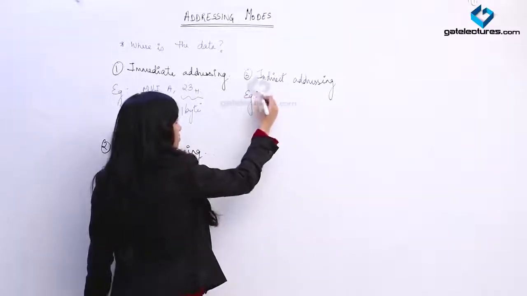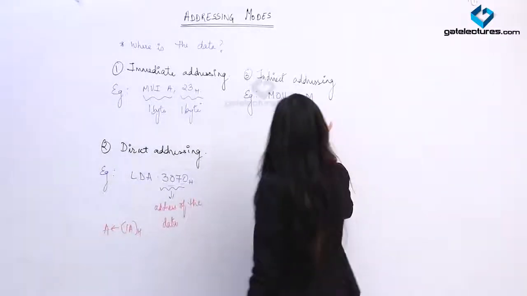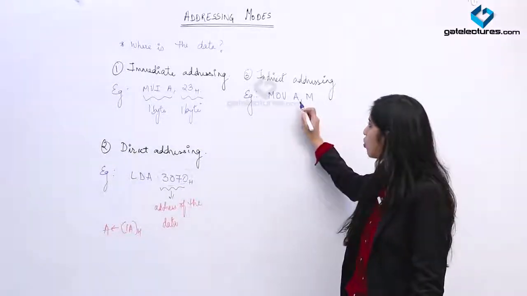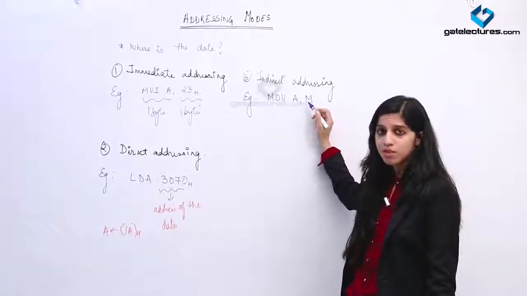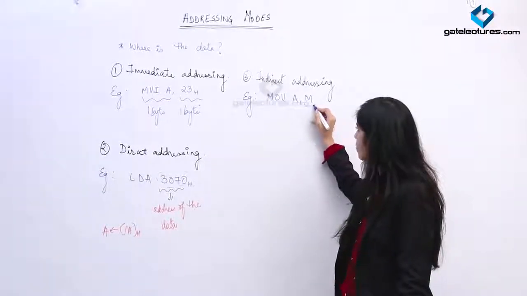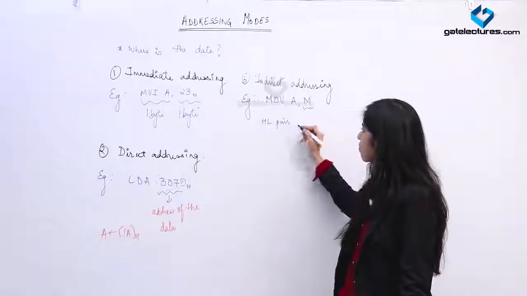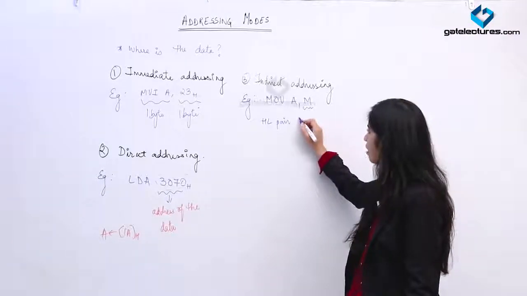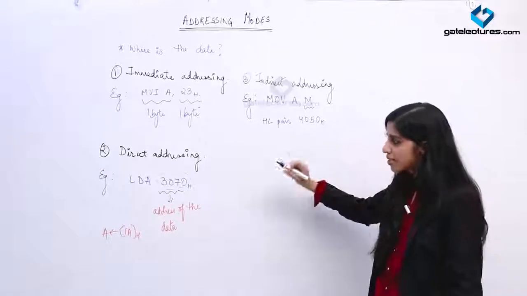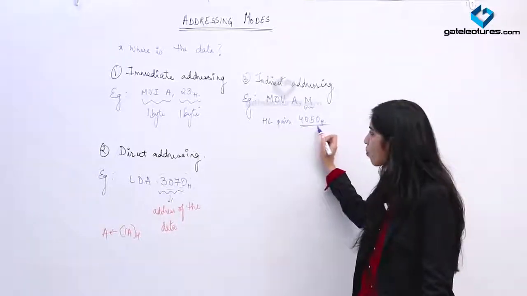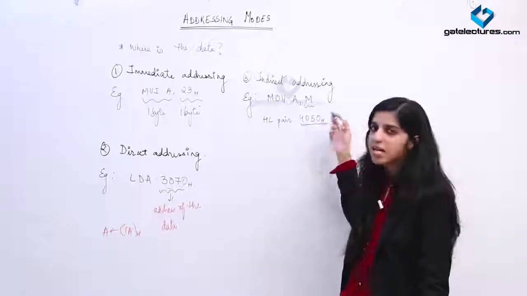For example, suppose you write this instruction MOV A, M, which means load A with the data located in memory. Now where do you get this memory location from? This memory location is indicated by the HL pair. Suppose the HL pair holds a value 4050. Whatever value the HL pair points to is the required memory address where our data is stored.